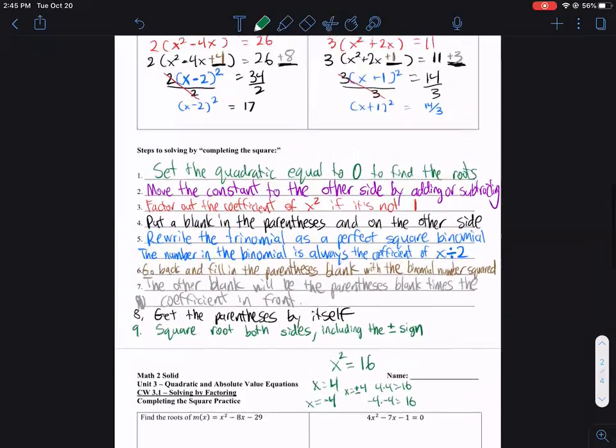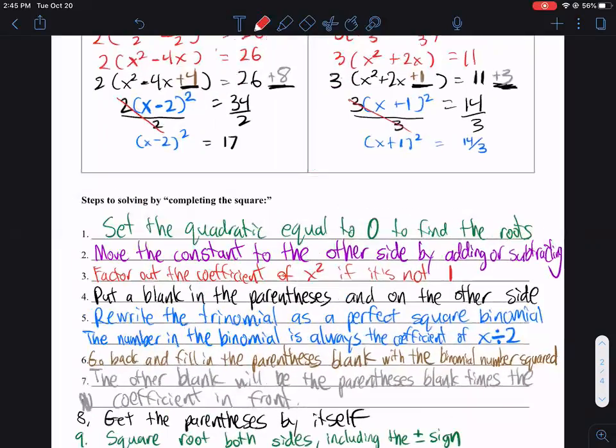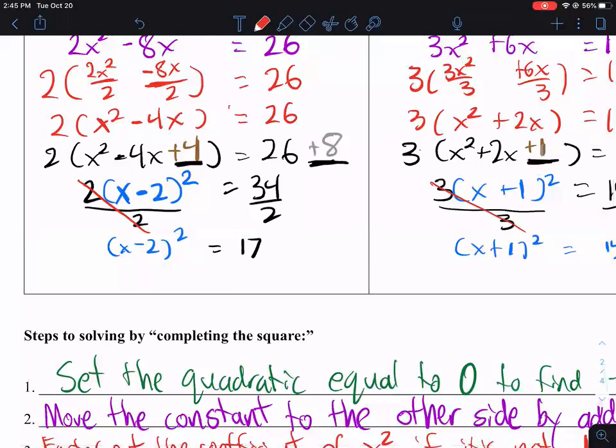Okay, so we're almost there. So as Rustam said, in order to get rid of the squared, we would square root both sides, right? So we draw a big square root over the entire left side and the entire right side.